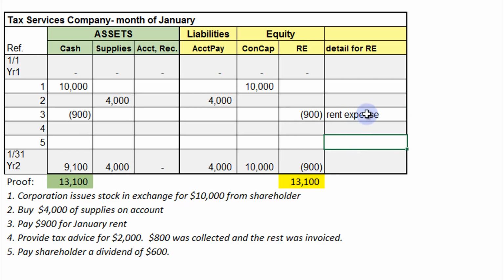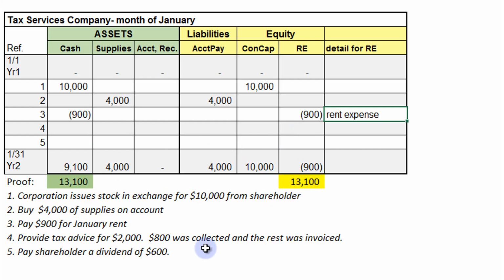So that we have the detail to prepare the income statement, I'm going to make a note here to the side that this is rent expense. Anytime you put an entry in retained earnings, you should note the type of revenue, the type of expense, or note that it's a dividend. Remember that dividends are not expenses. Dividends will not show up on the income statement. You will only see them in a statement of retained earnings. After recording the transaction, the system is still in balance.